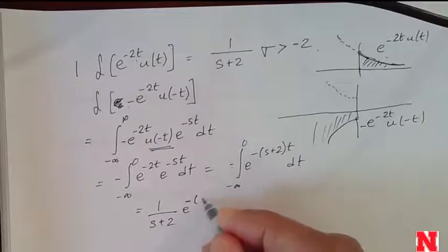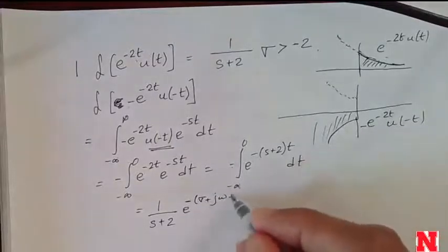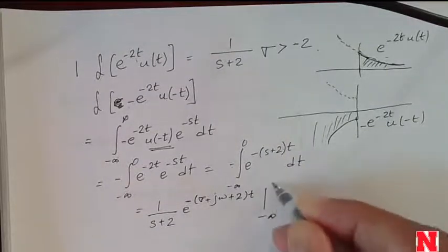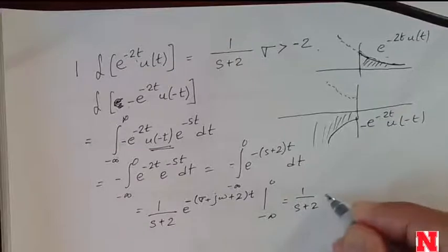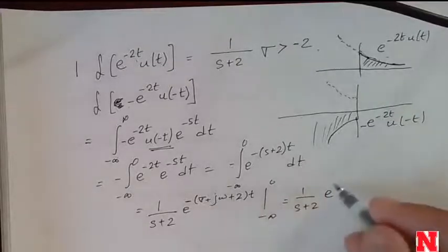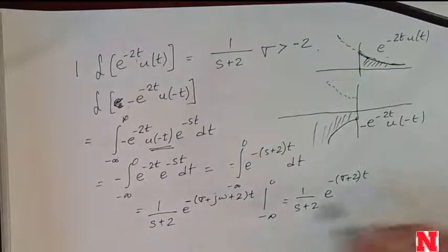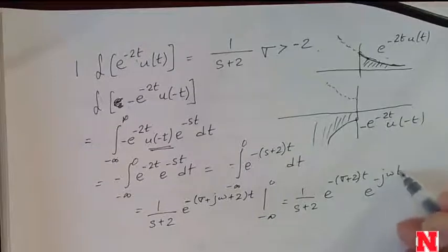So this is (sigma plus j omega plus 2)t evaluated between minus infinity and 0. And as we did before, let's split out the real part of this. So this is e to the minus (sigma plus 2)t, and the imaginary part, which is e to the minus j omega t, evaluated between minus infinity and 0.